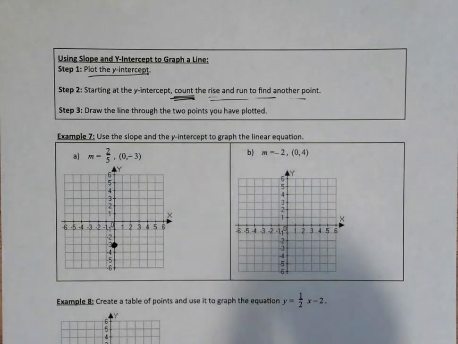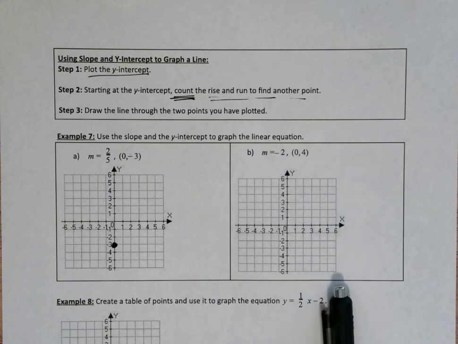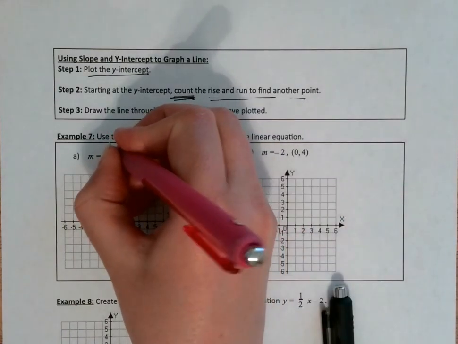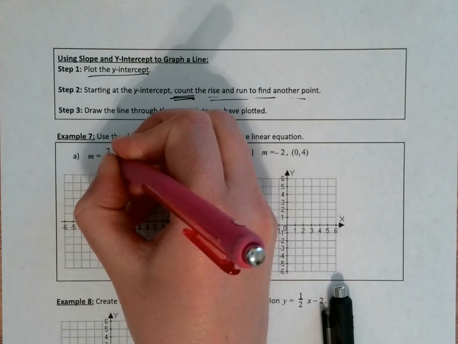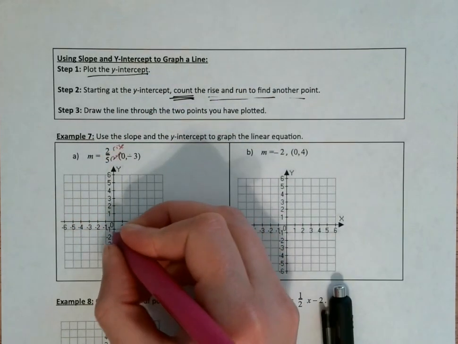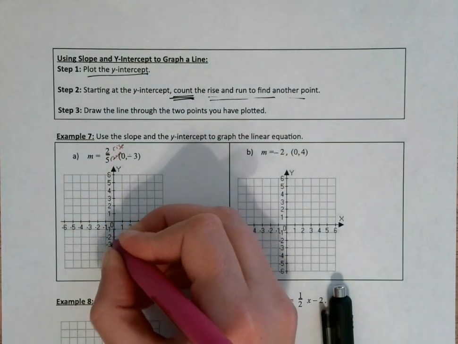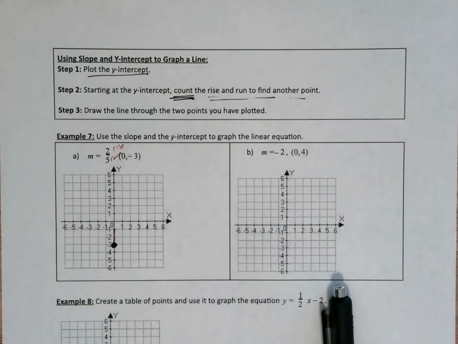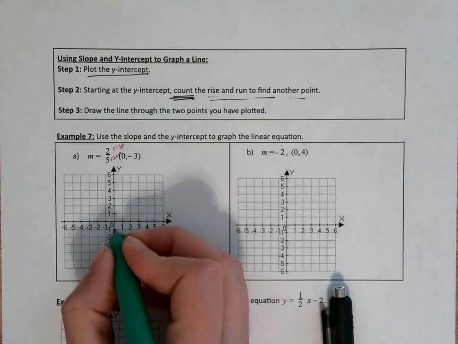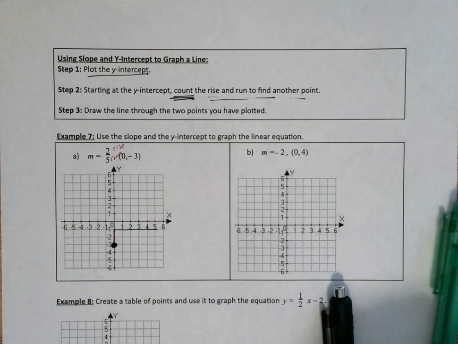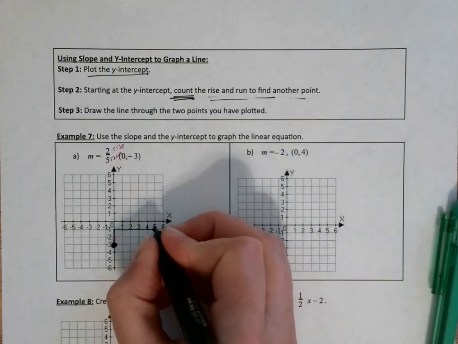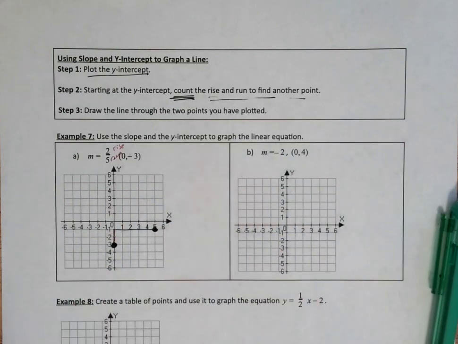So there's my y-intercept. Remembering that slope is rise over run, I can count up 2 for my rise, and then I can count over 5 for my run. And that gives me my next point right there, up 2 over 5.